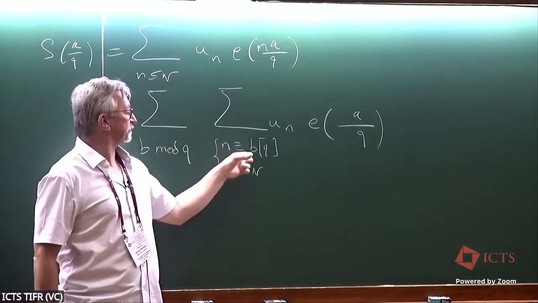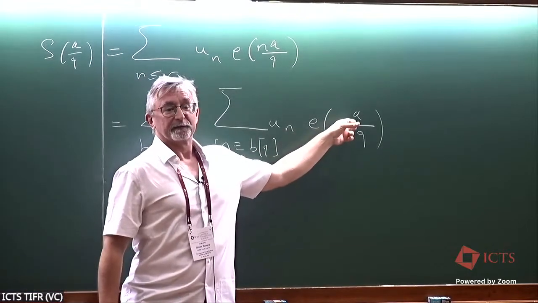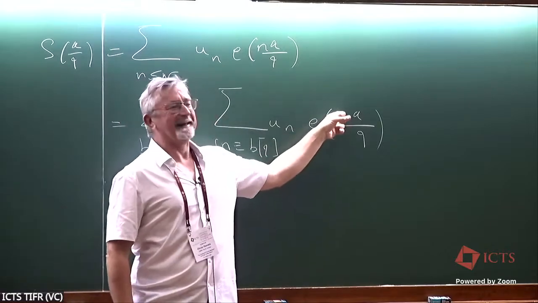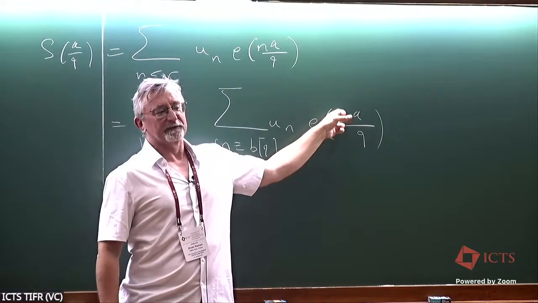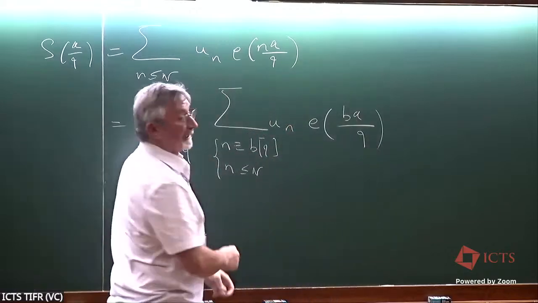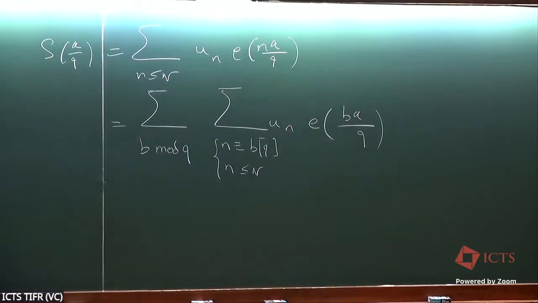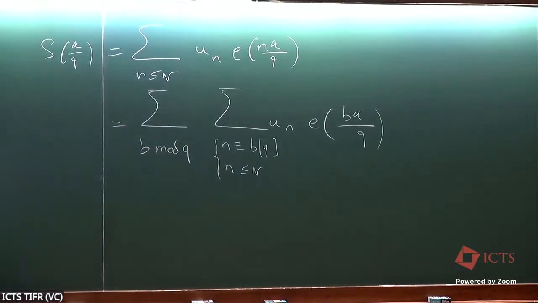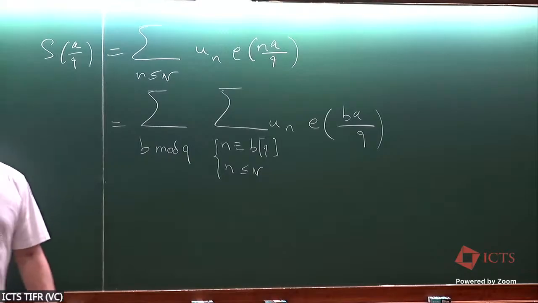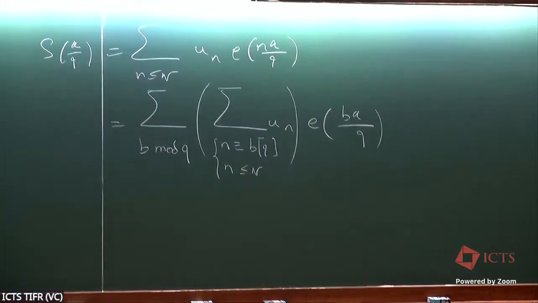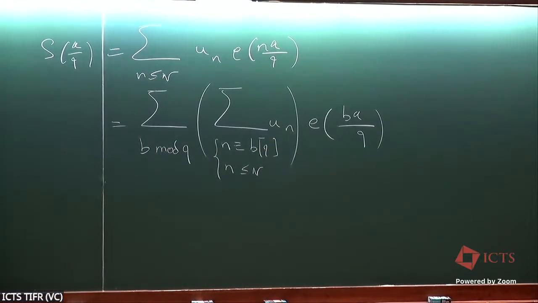Now that I have n congruent to b modulo q, I have e(na/q). But this one depends only on n modulo q, so I can put a b here. My b will stay. And now you have this one, okay?